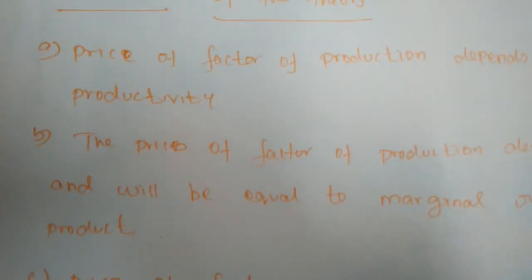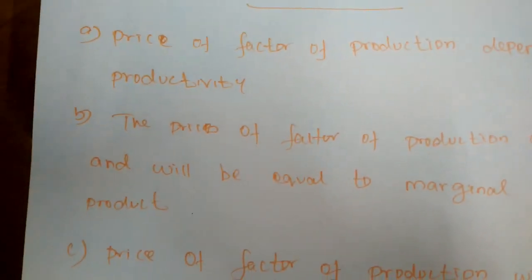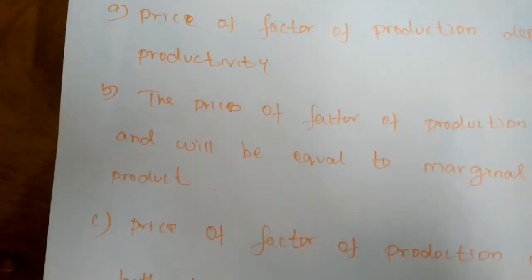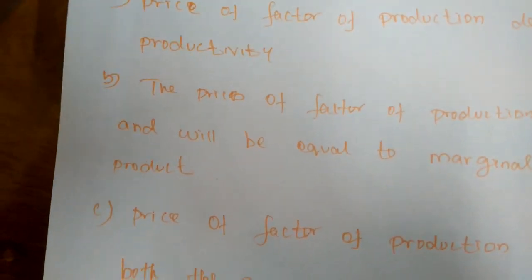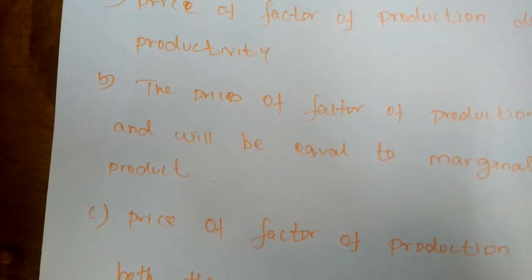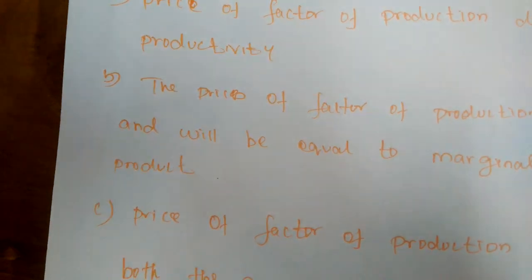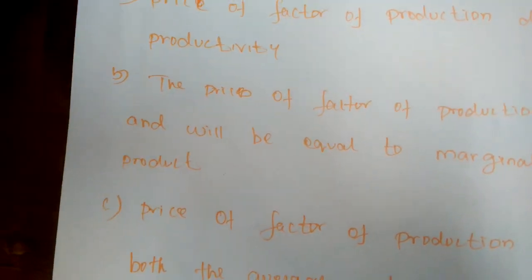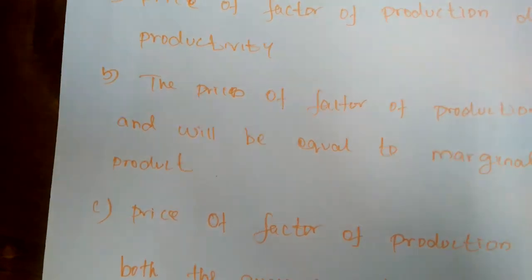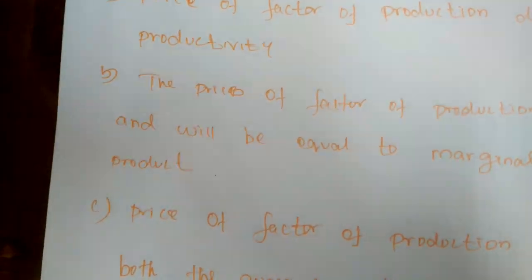Suppose a person can produce 5 units of pens, and because of that the producer will get more profit than the production cost, he will arrange or use the labor to produce that commodity. So the greater the productivity of a factor, the higher will be its reward.